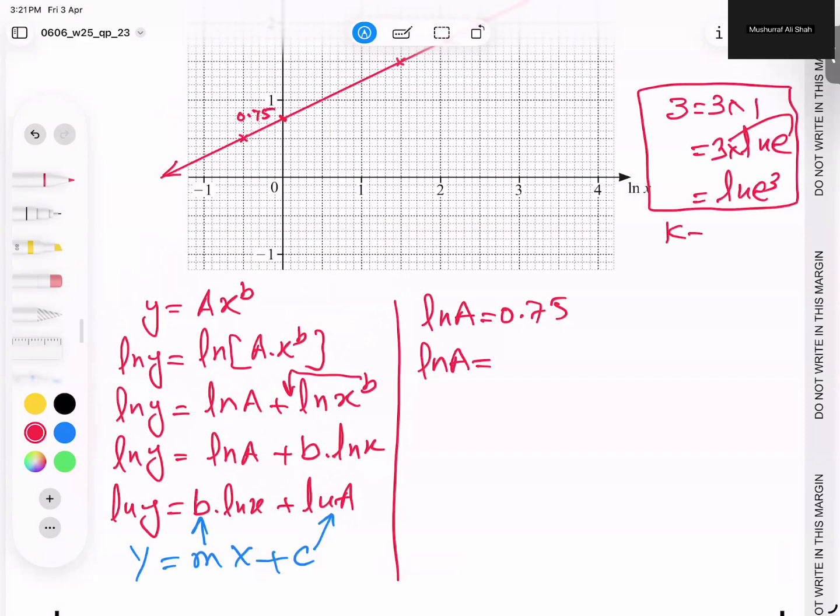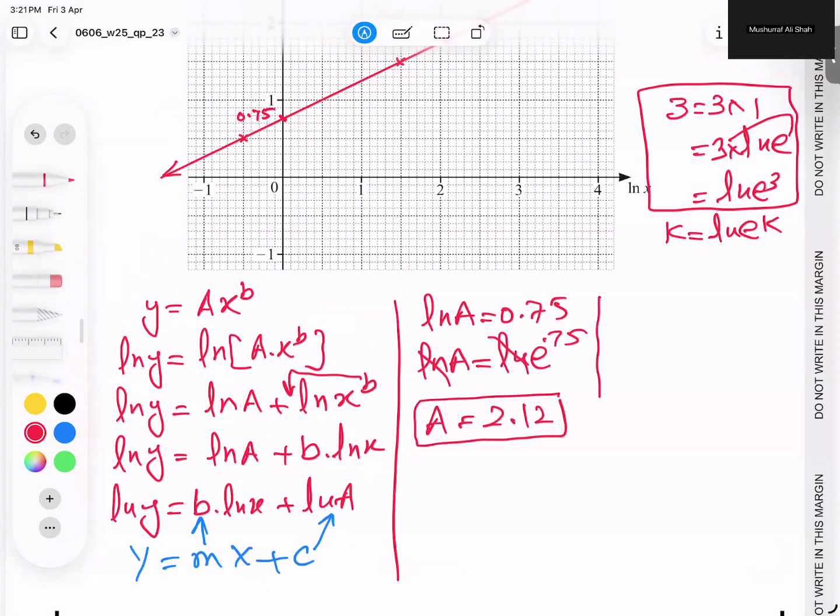And this number, we can write ln e to power 0.75. This cancels out, and this is my answer. And e to the power 0.75 is giving me 2.12. This is my value of A.